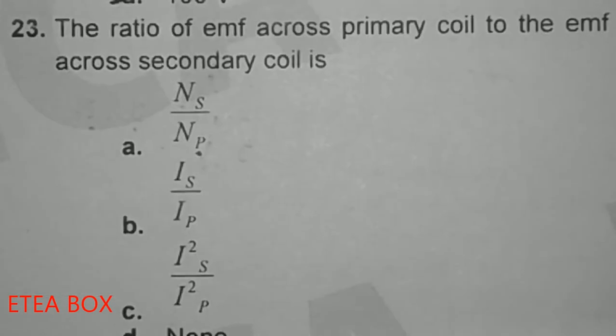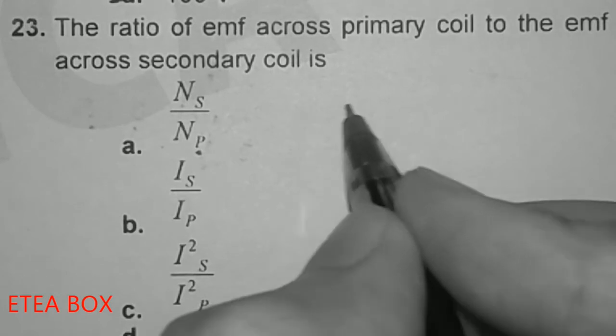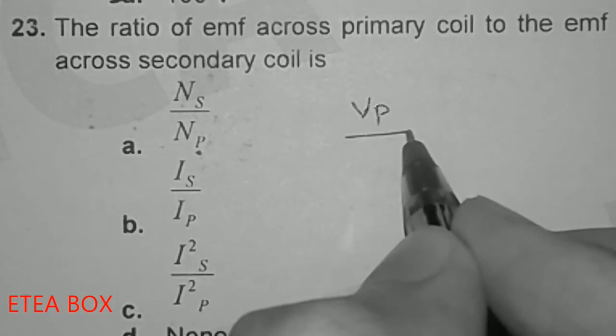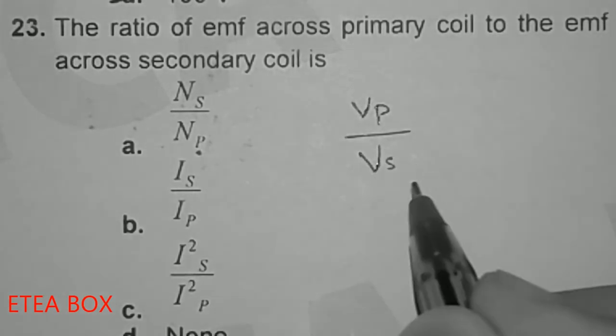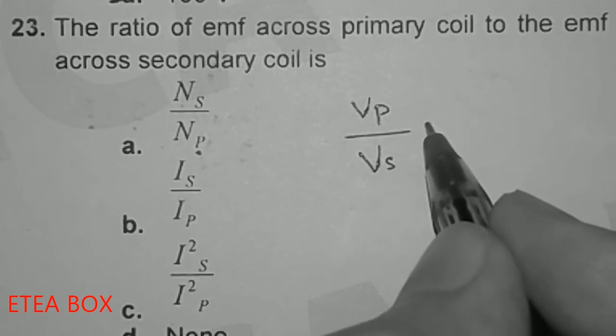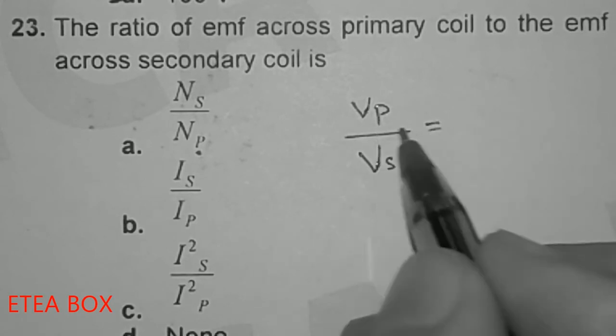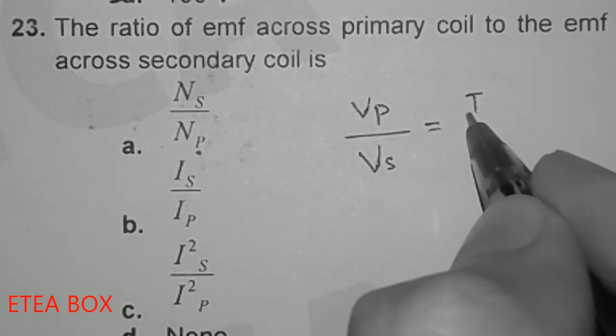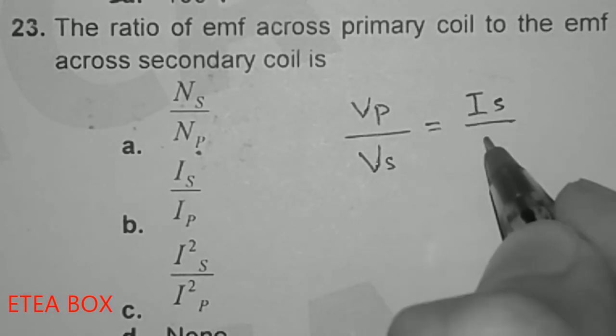Okay, the ratio of EMF across the primary coil to the EMF across the secondary coil is, look, the EMF in the primary coil to the EMF in the secondary coil. We can also call it voltage. Now we know that for current the formula will be Is divided by Ip.